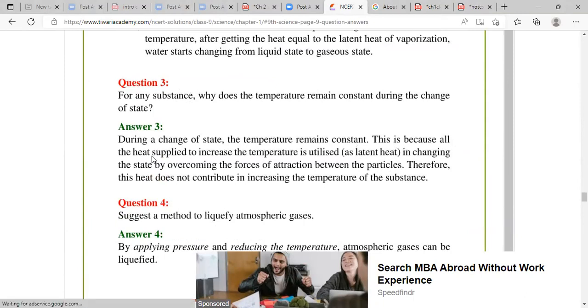This is because the heat supplied to increase the temperature is utilized in changing the state, overcoming the force of attraction between the particles. Therefore, the heat does not contribute to increasing the temperature of the substance. For example, if you are heating an ice cube, why is its temperature not increasing? Because the energy you get by heating is being used to convert the ice cube into liquid.